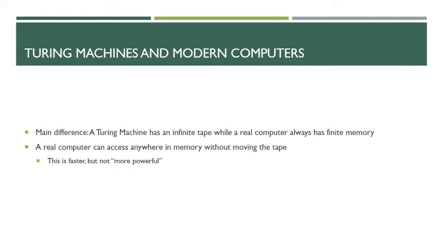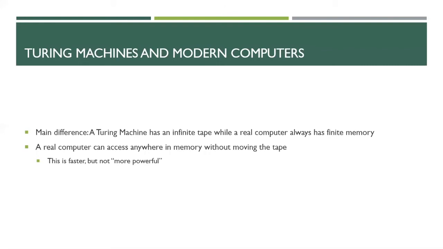Well, modern computers are actually a lot like Turing machines. You have memory and you can access anywhere in the memory instead of having to move back and forward on a tape. But a memory is a series of cells you put values into that starts at 0 and goes up to whatever the maximum number is. It's exactly the same thing as a tape, right? A modern computer is faster than a Turing machine.